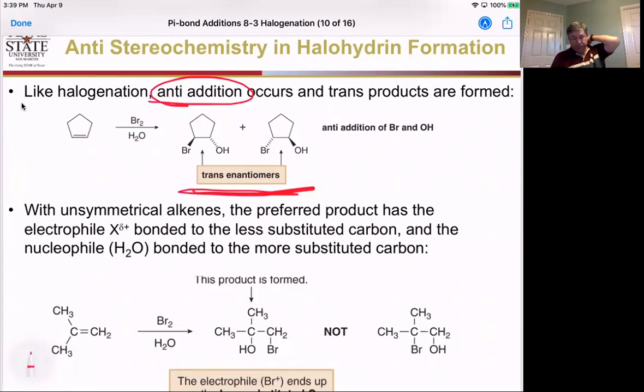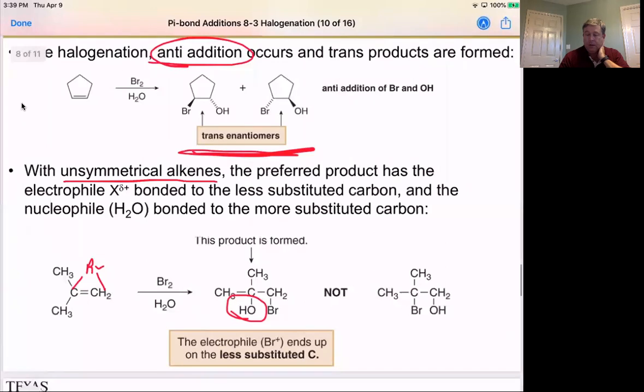So let's start with some unsymmetrical alkenes and see where that hydroxide ends up. Whenever we form this bromonium cation at the top, the nucleophile goes on the more substituted carbon, which means the bromine ends up on the least substituted carbon.